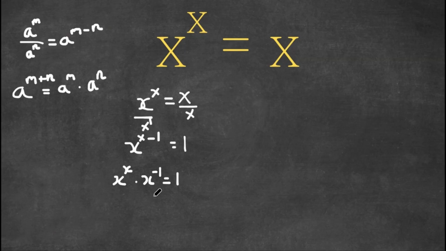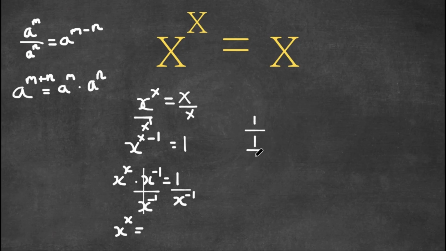So now, if I divide both sides by x to the power of negative 1, these two would cancel out, so I would get x to the power of x is equal to 1 over x to the power of negative 1. 1 over x to the power of negative 1 is the same thing as 1 over 1 over x, so this would be x.